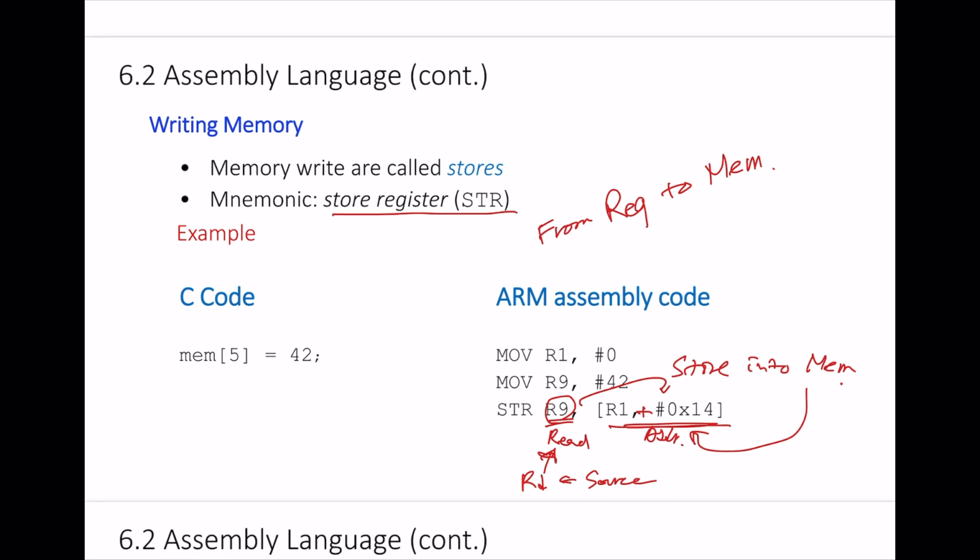Now, why is this 14? Because we need to go to array number 5. 5 times 4 is 20. This is the decimal number. Convert this decimal number into hex. Hex is base 16. It's more than 16, so we subtract 16 and the remainder is 4. That means 0x14.